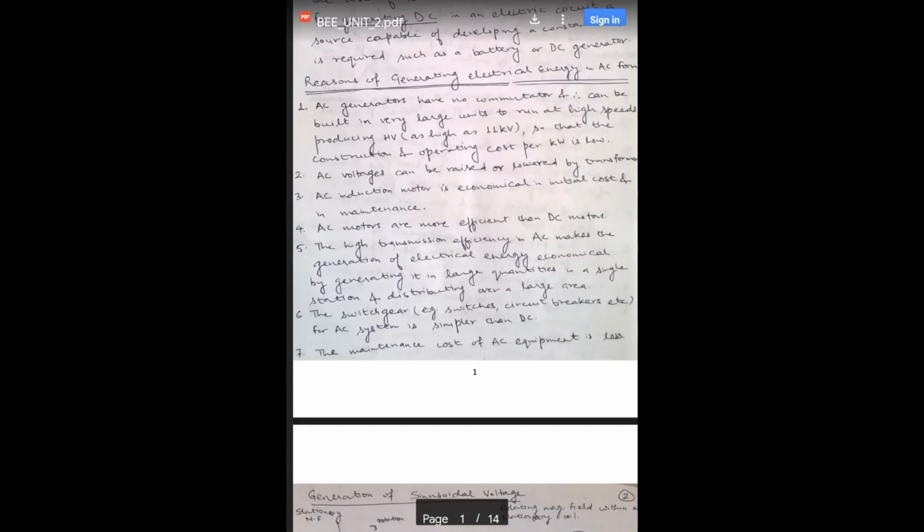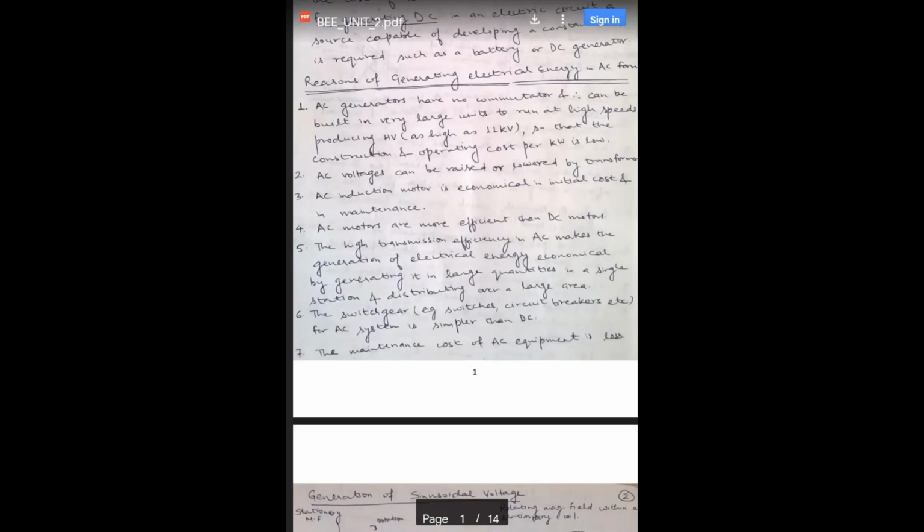So what does this commutator do? It converts AC into DC. But the process of conversion is such that there is sparking involved.